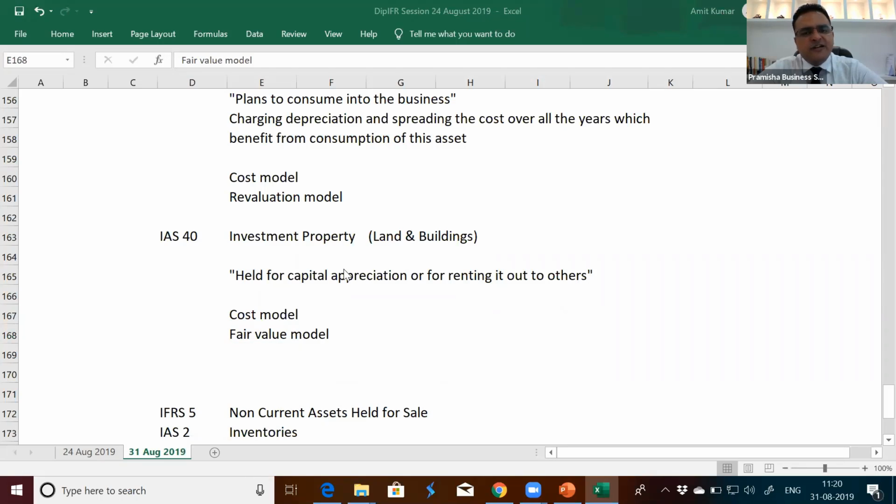So if you were studying directly in IS 40, you would never get to know that there was a choice. IS 40 investment property says that if you're using the cost model, we'll apply the principles of IS 16. What does it mean?